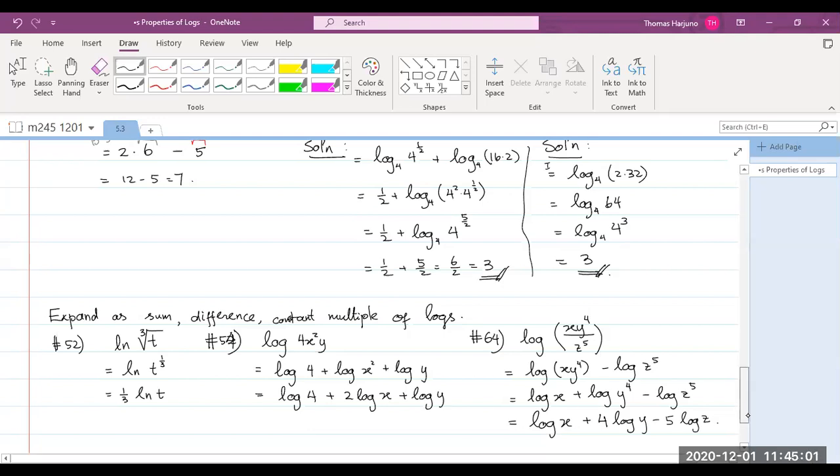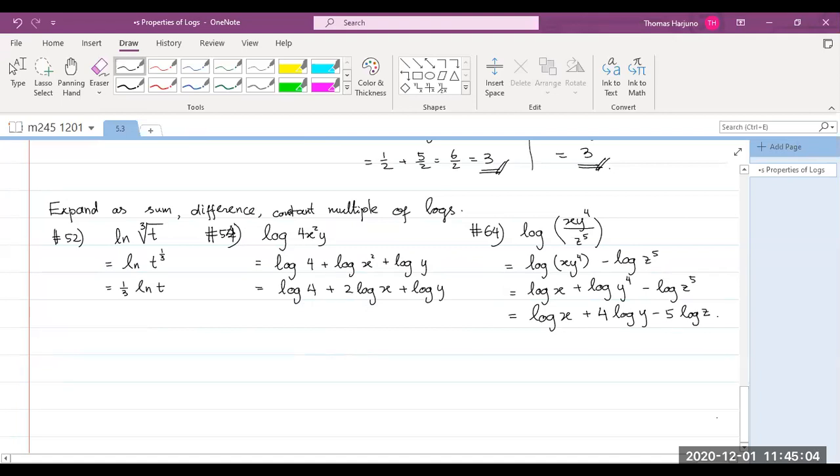From the last example, number 64, let's summarize a couple things. Notice that if the argument is on the numerator, then the coefficient of that log will be positive. In fact, the coefficient of the log will be the exponent. Maybe I color it this way. You see that they are positive, right? Positive because it's on the numerator.